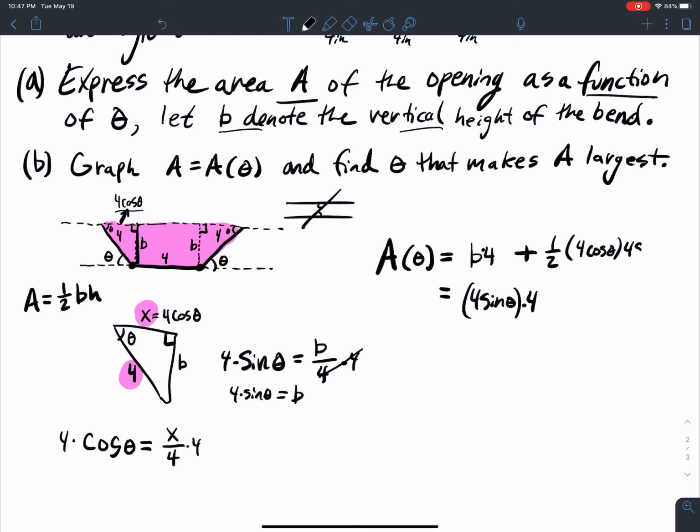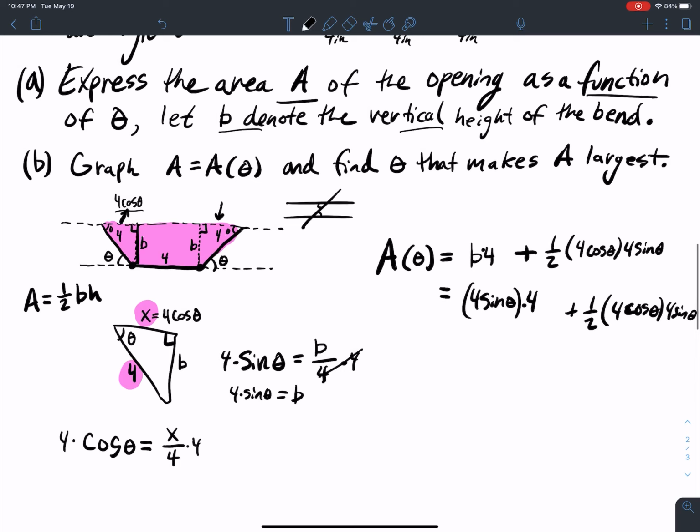That's 4 sine theta. Okay. And then I have the same thing over here. Plus 1/2 times 4 cosine theta times 4 sine theta.